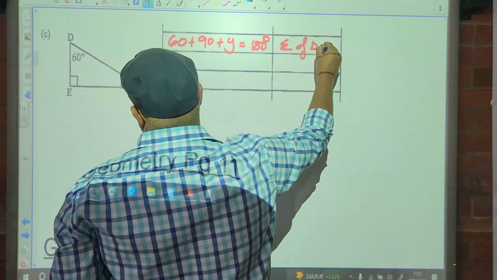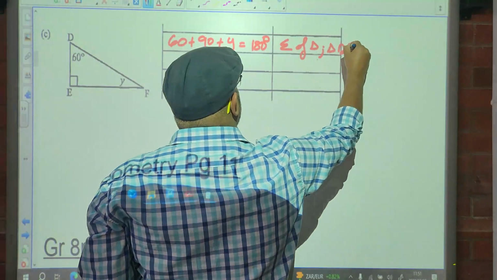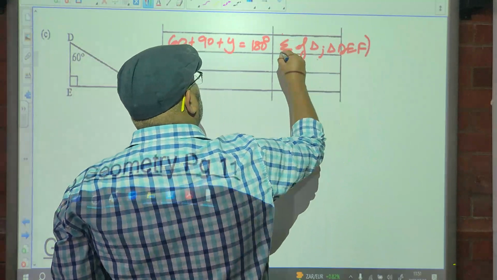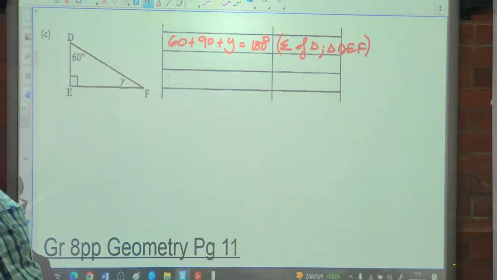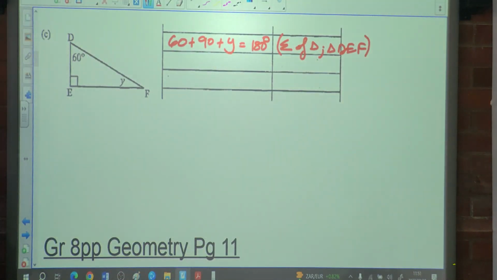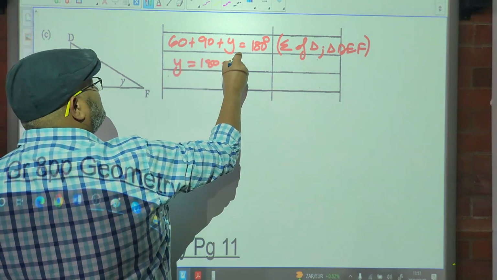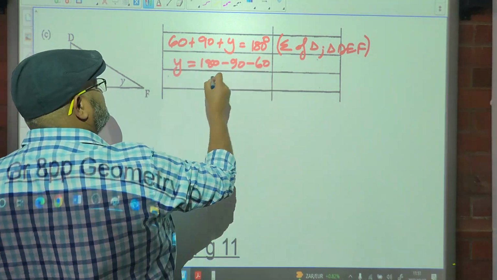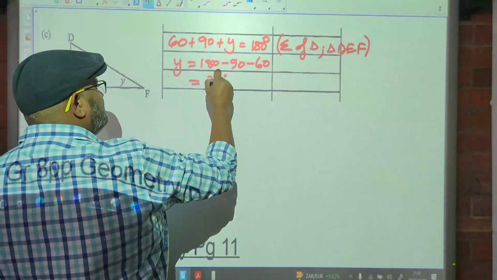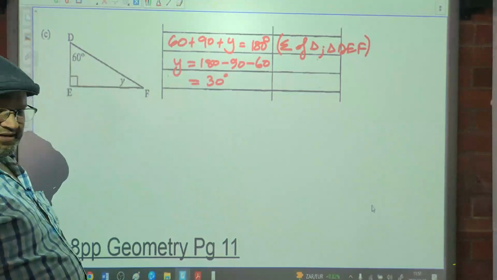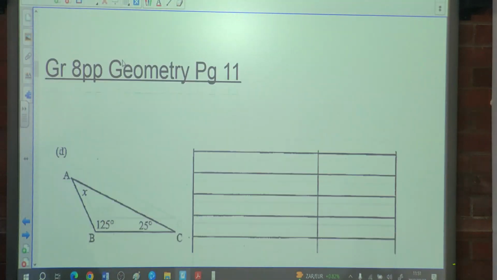Sum of triangles in this triangle DE. Or you can write interior angles of a triangle, or many things you can write. So we now say y is equal to 180 minus 90 minus 60, which is 30 degrees. You also with me? Yes, sir.